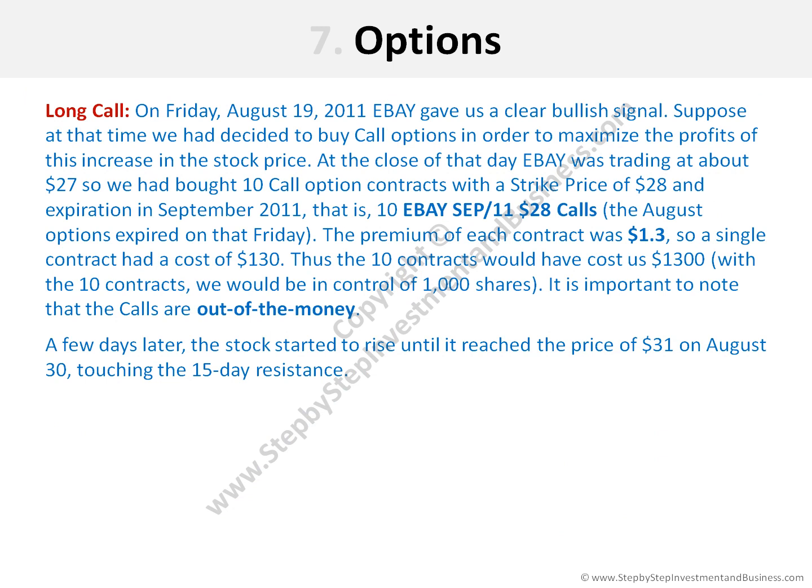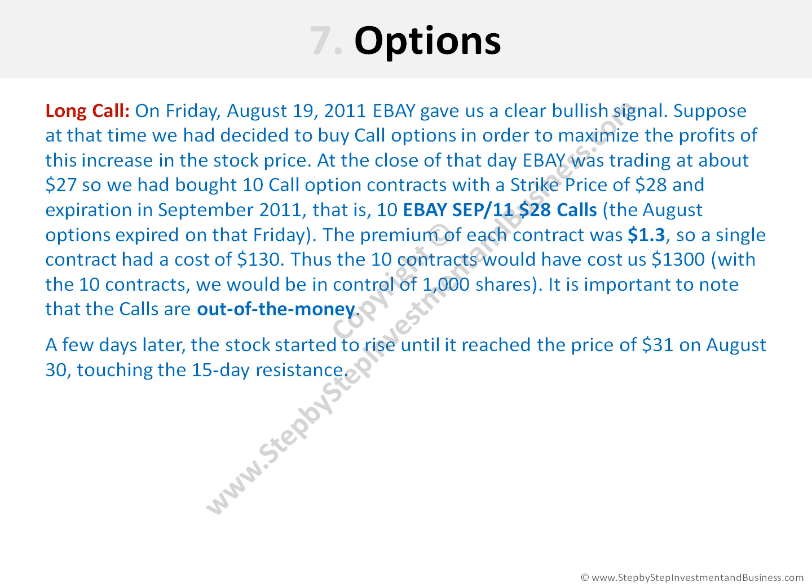At the close of that day, eBay was trading at about $27, so we had bought 10 call option contracts with a strike price of $28 and expiration in September 2011. That is, we had bought 10 eBay September 2011 strike price $28 calls. The August options expired on that Friday, so it did not make sense to buy them.